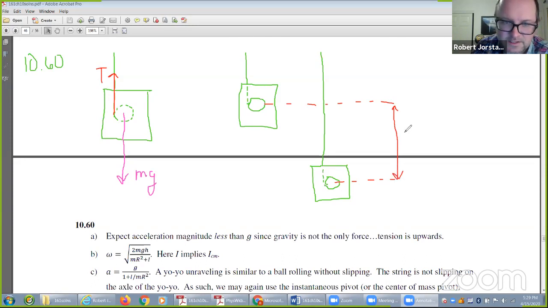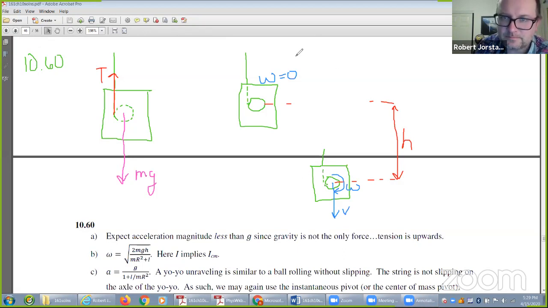So there's some distance it falls. It looks like that was h. If it falls distance h, initially I think it was not rotating, so omega equals 0. At the end, this thing is rotating this way as it rolls down the string. It's also translating, because it's rolling and translating. That's the energy picture I'm thinking of, if this helps.